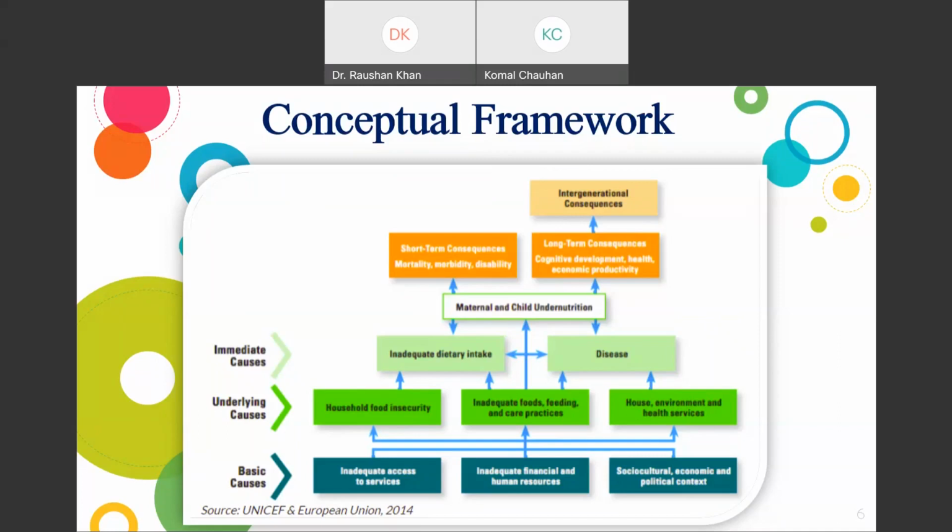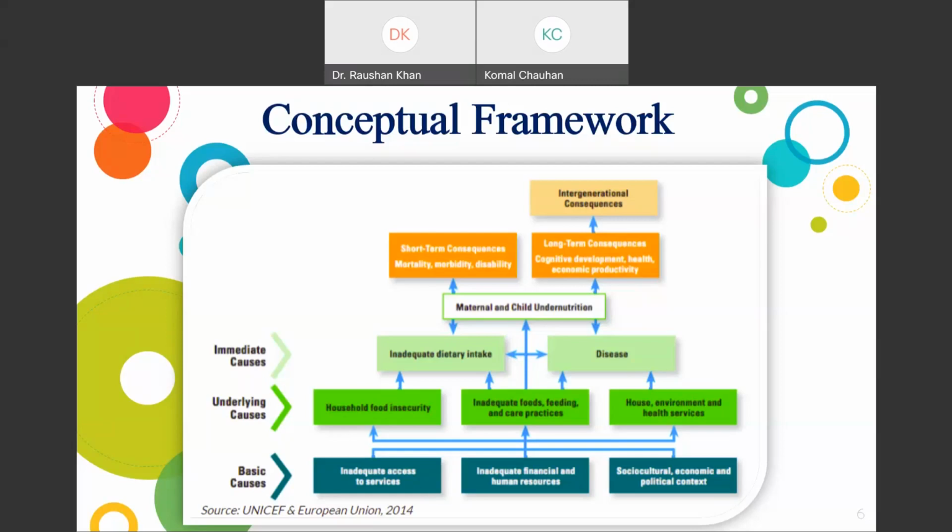Then, the underlying causes are household food insecurity, inadequate feeding and care practices, household environment, and health services. Household food security means reliable access to safe, affordable, and adequate amounts of nutritious food for those in the household.